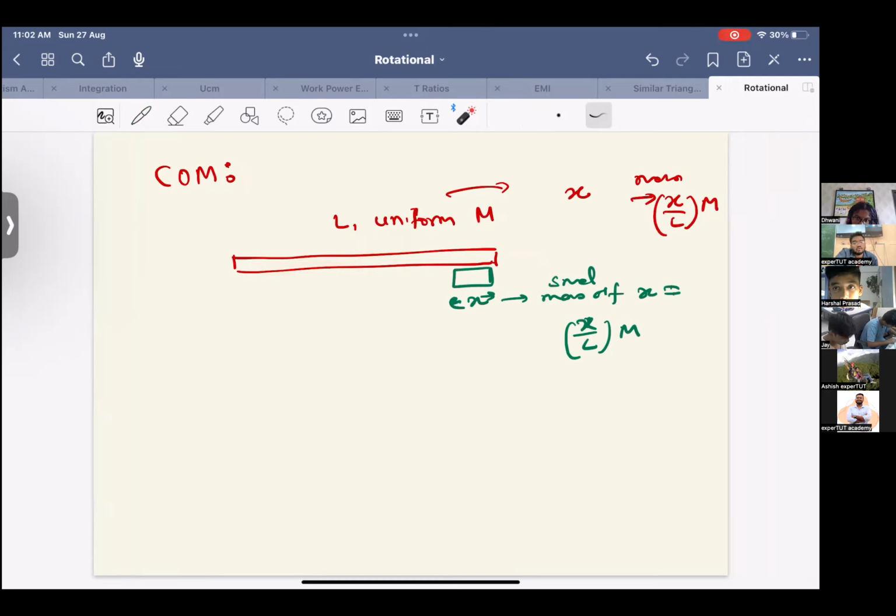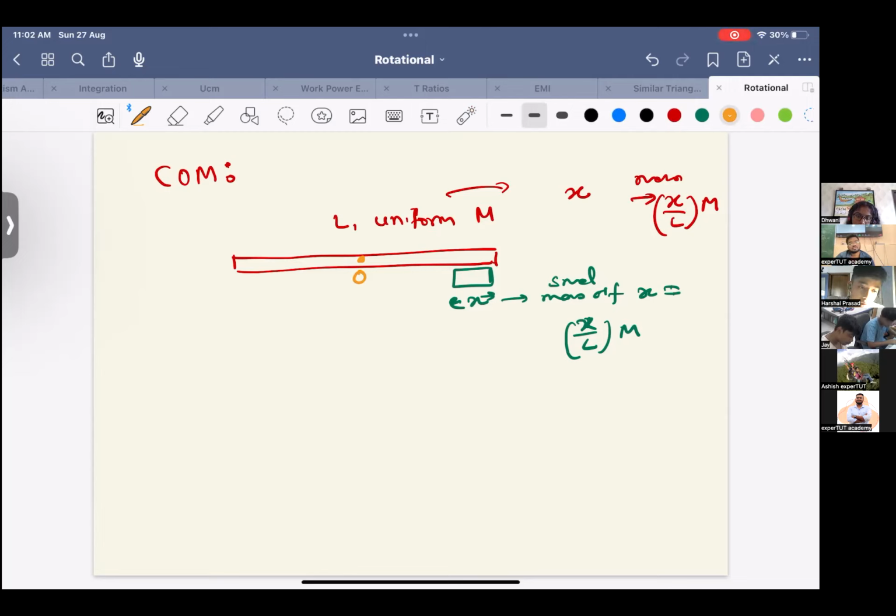Okay. What is the meaning of center of mass? The entire mass of that rod can be thought of as a point object of mass capital M situated at O. मैंने डायग्राम में O बना दिया है, ठीक है, तुम डायग्राम में O बना देना.